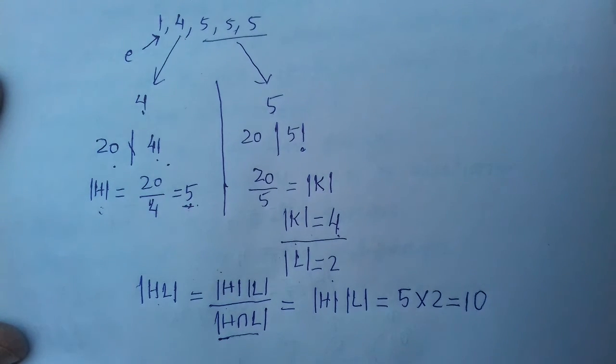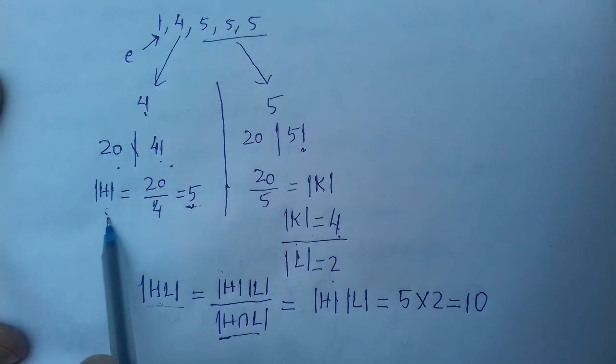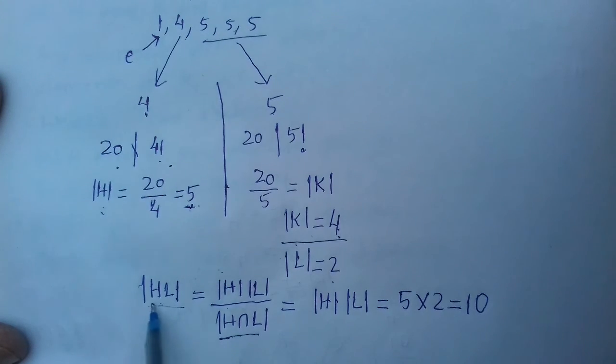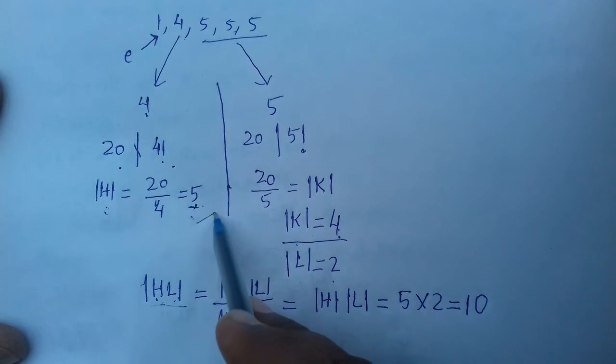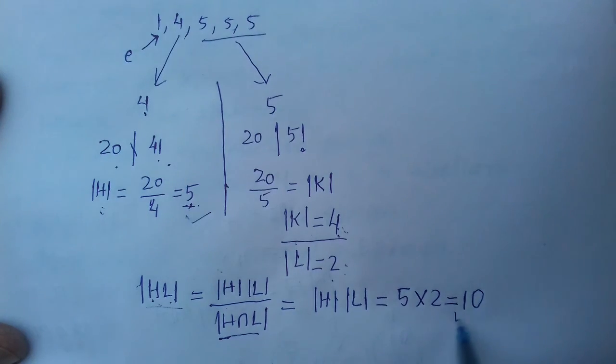And you must also observe that here HL is a subgroup because H is a normal subgroup. If you take the product of two subgroups and if either of these two is a normal subgroup, then the product is itself a subgroup. So we get 4 subgroups: a normal subgroup of order 5, and non-normal subgroups K, L and HL.